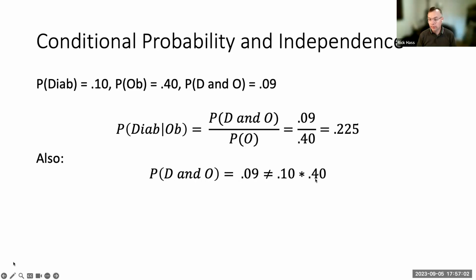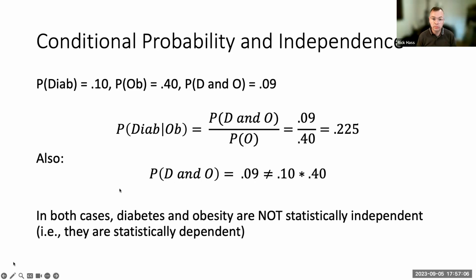So that's another way that we can conclude that diabetes and obesity are statistically related. In both cases, just by using information that we can collect and put in a contingency table, we can start to get some information about the relationship between these two variables.